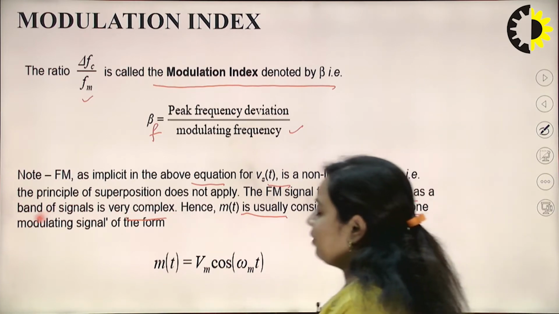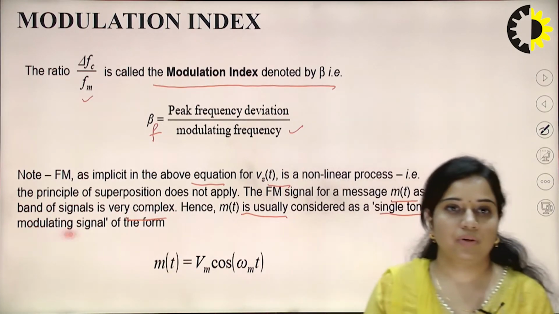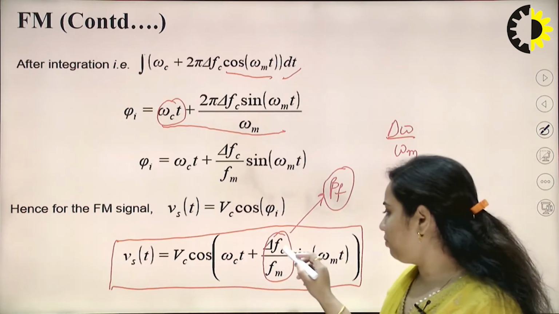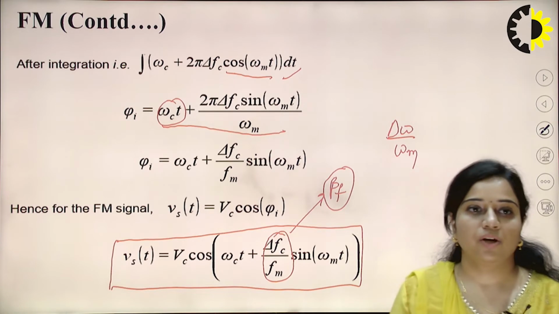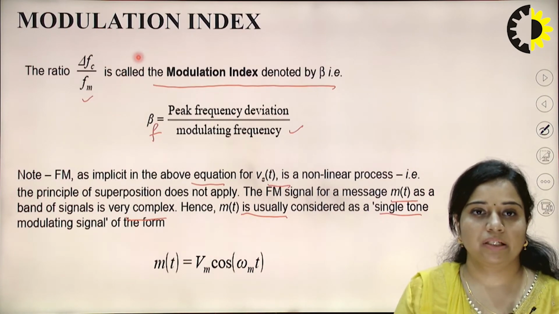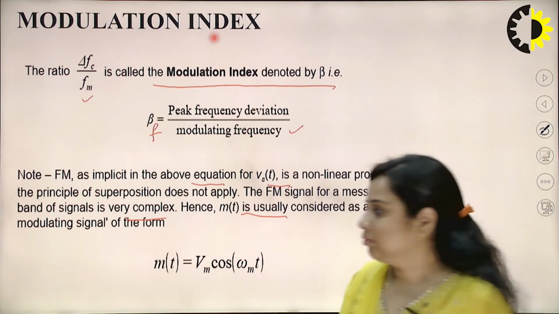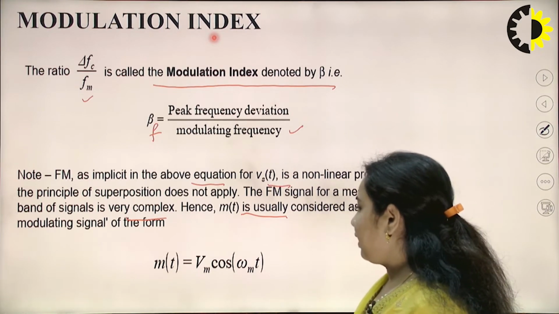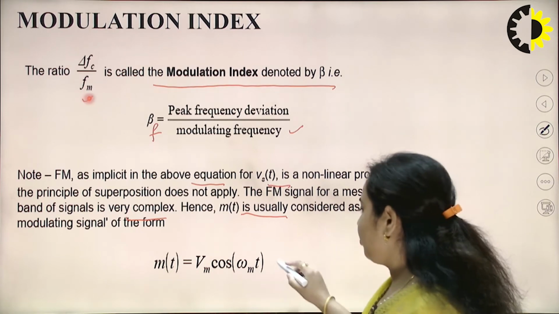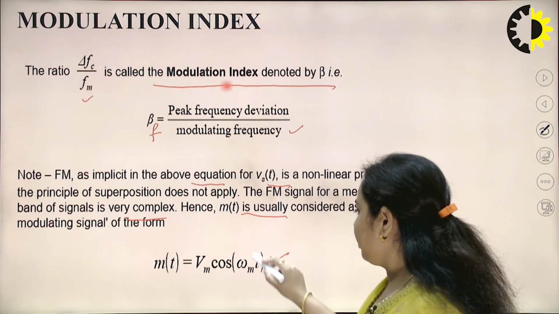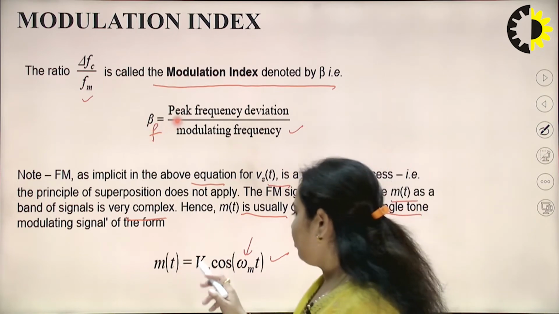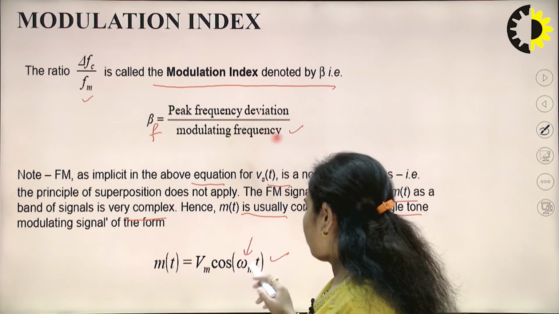After deriving this equation for FM, where we can replace this by beta, we now have to consider the value of the message signal. Since we are considering the case of single tone modulation, this will be the corresponding message signal, where only one frequency component is present in the message signal. So m(t) = Vm cos(omega_m t).